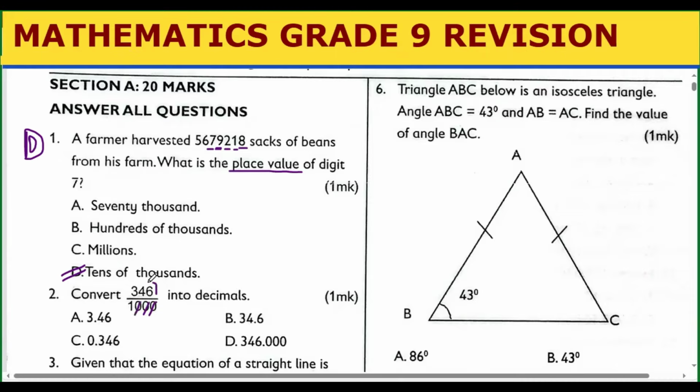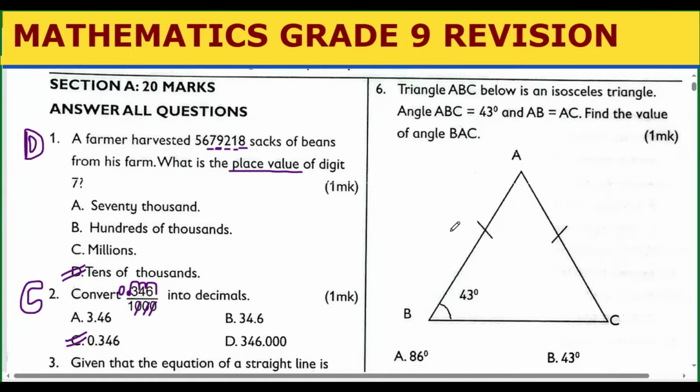So it is here, then you put a 0 here. So this is 0.346. What is the answer? Can you see it? This here, 0.346. So very simple, you see? Yeah, you can score high.